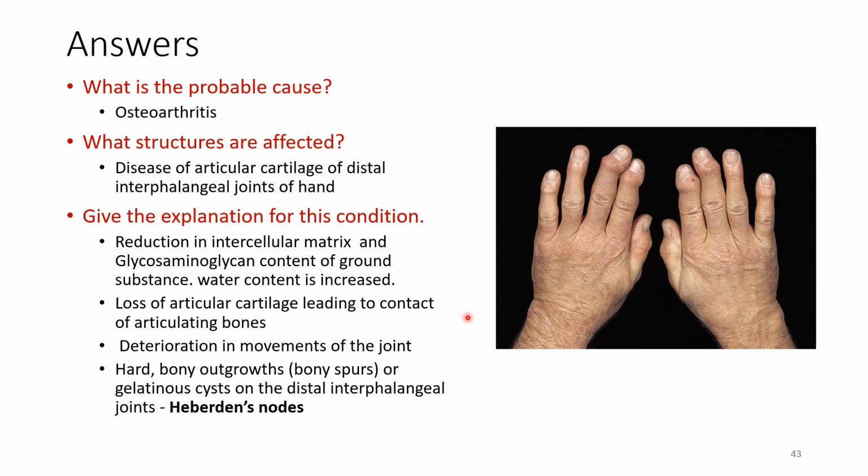Loss of articular cartilage leads to contact of the articulating bones. Then it will further result in deterioration in the movements of the joints and the appearance of bony spurs or gelatinous cysts at these joints. Now you got the explanation for the clinical case.